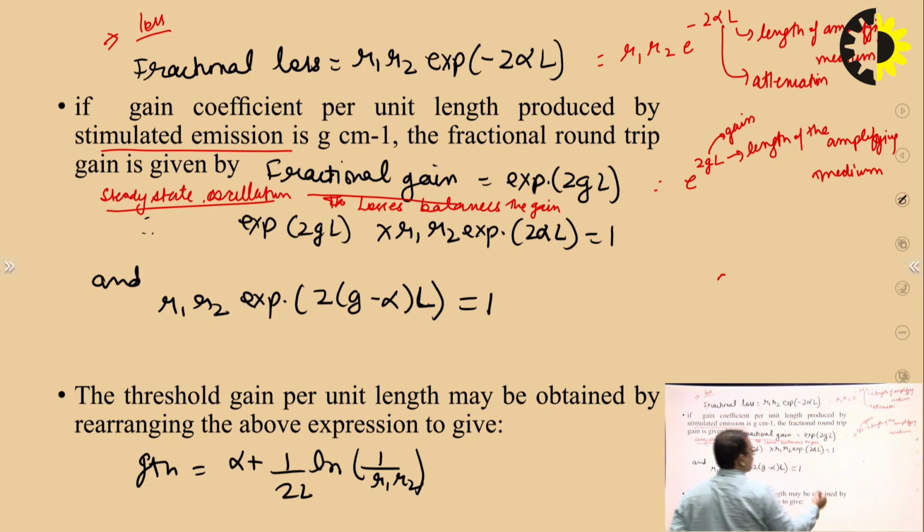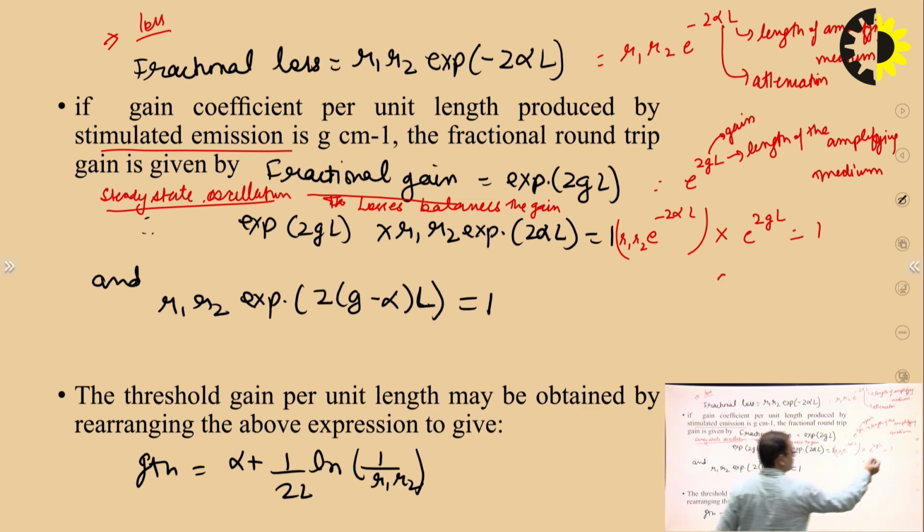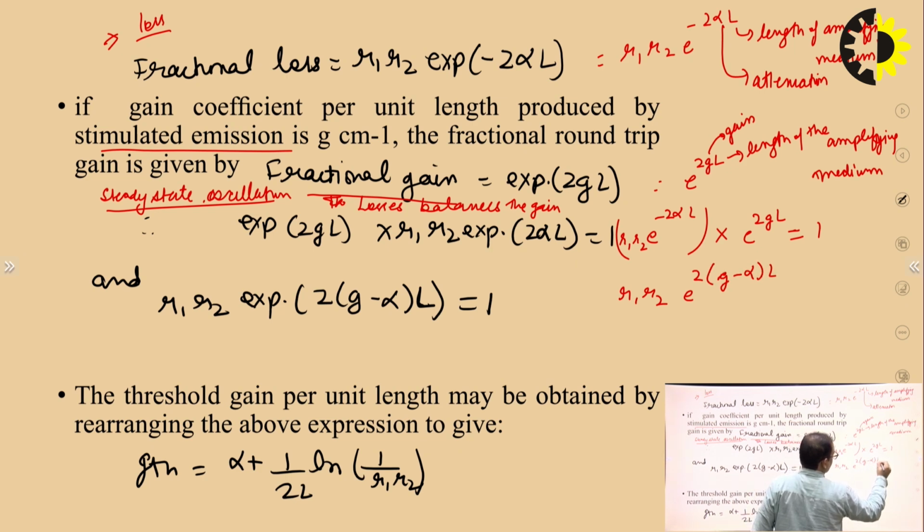It means the fractional loss, e to the power minus 2 alpha L into R1 into R2, multiplied by the gain, e to the power 2 g L, is equal to 1. It means R1 into R2 into e to the power 2 (g minus alpha) into L is equal to 1.